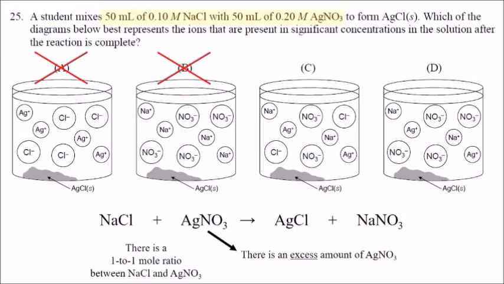Now, since the excess reagent is silver nitrate, that means that the limiting reactant is the sodium chloride. All of the chloride ions should have reacted completely. There should be no chloride ions still present in the solution at the end. So we can eliminate choice C because there should not be any chloride ions present in the solution. All of it reacted to produce the precipitate. Correct answer is D.